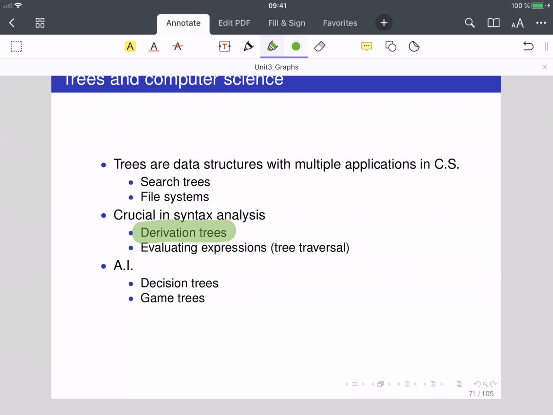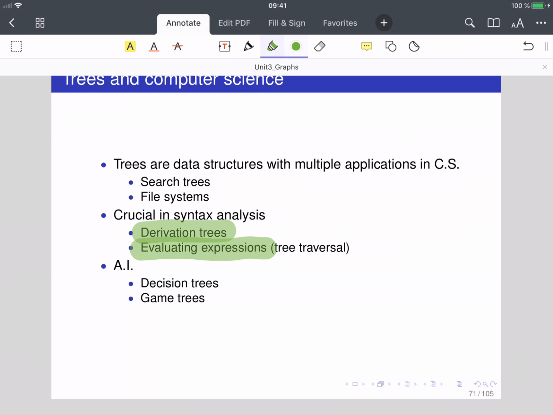We will study in a future lecture a way of evaluating arithmetical expressions by means of trees, okay? So this will also be important in connection with the study of syntax analysis and of formal languages and how to evaluate the semantic properties of languages, because they allow us to evaluate values of expressions written, for instance, in a programming language.